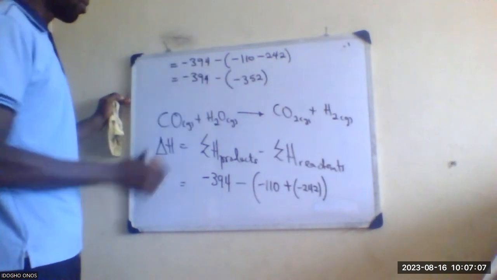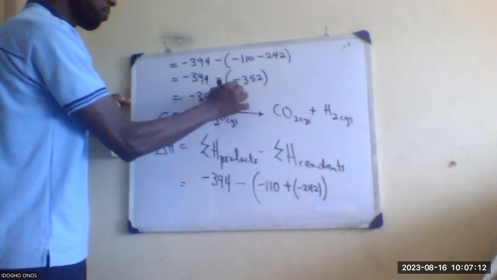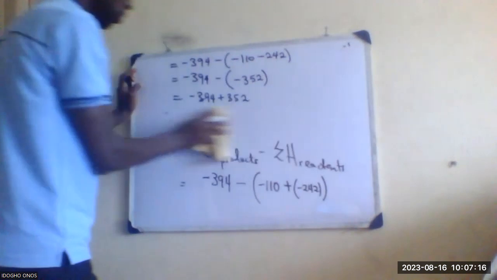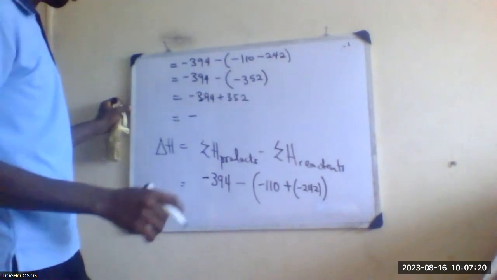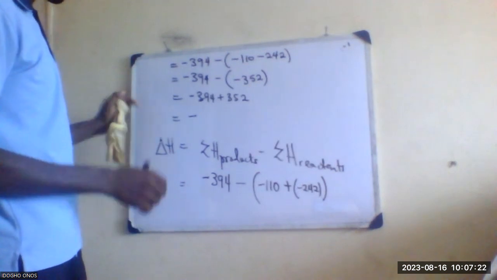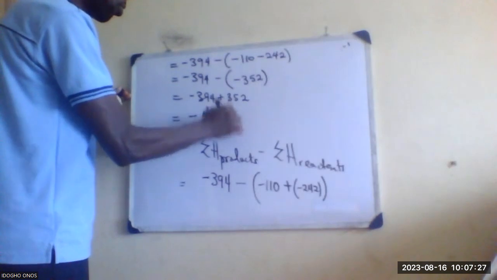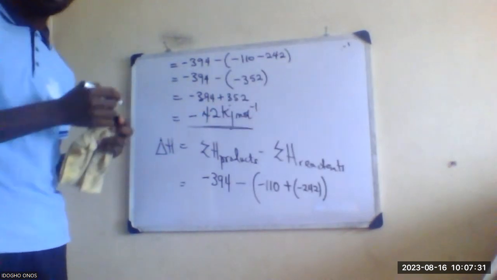Minus times minus will give me plus. So that will give me minus 394 plus 352. And my final answer now becomes minus, because this is greater than this, that should be minus 42, if I'm right. Yes. Minus 42, the unit is kilojoules per mole. So that is the answer for that question.